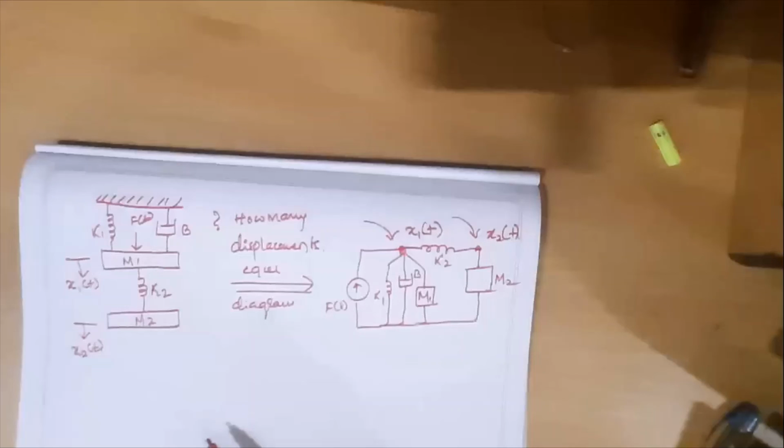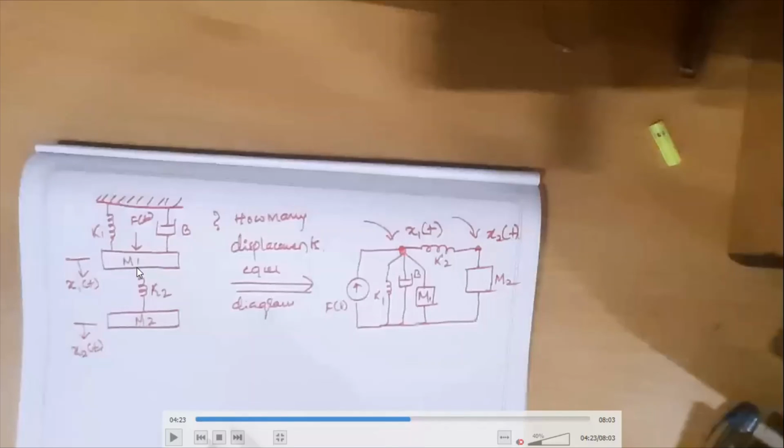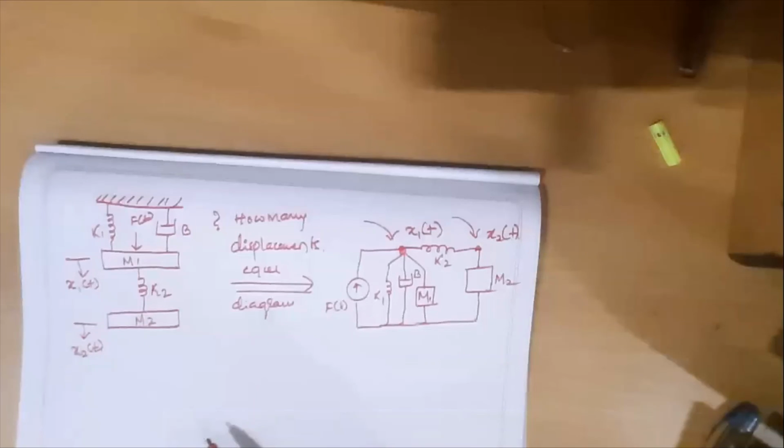And when we consider the direction precisely, then you can ask me so many questions, like if x1 is moving in this direction, x2 is moving in this direction. There are many possibilities. In some cases, you may need to add up, in some cases, you may need to subtract. But let us not bother about the directions as of now.